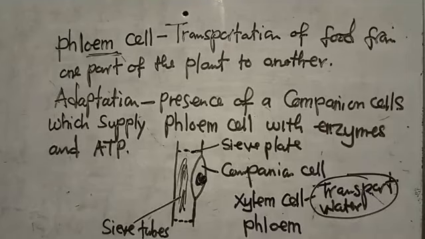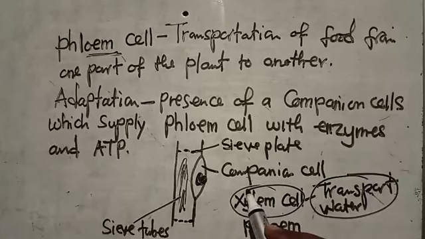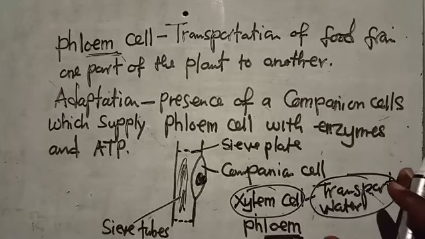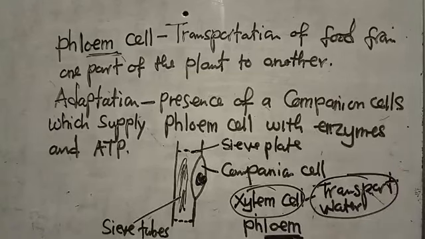But when we go to a phloem, this phloem is only responsible for transporting sugars, proteins, and other organic molecules. So I guess you know the difference. A xylem cell will transport water and store water.